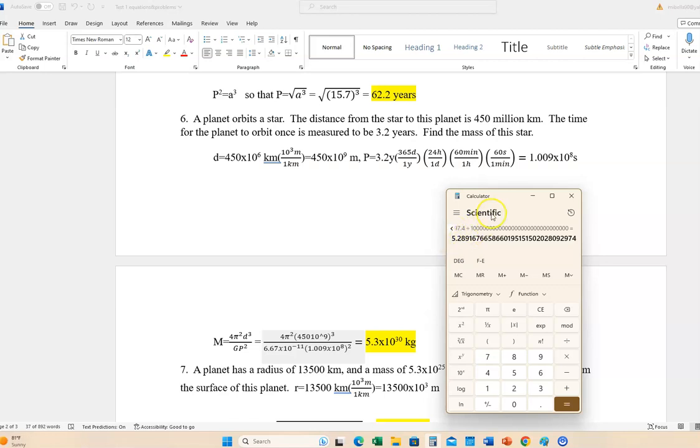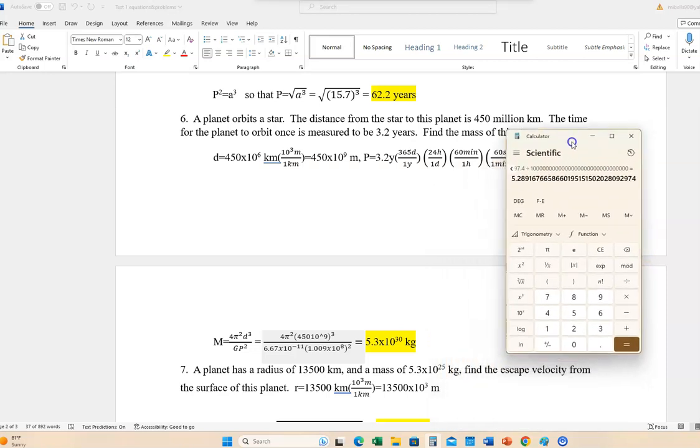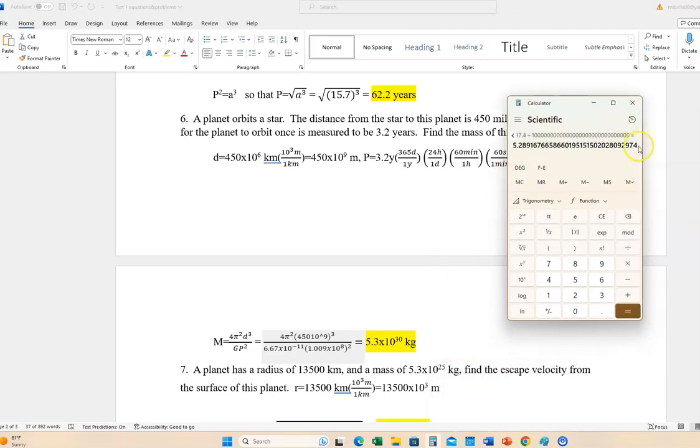So the answer is 5.3 times 10 to the 30th. This particular calculator is kind of a pain because it's not really showing you, and it's not a lot of fun to count the decimal points.